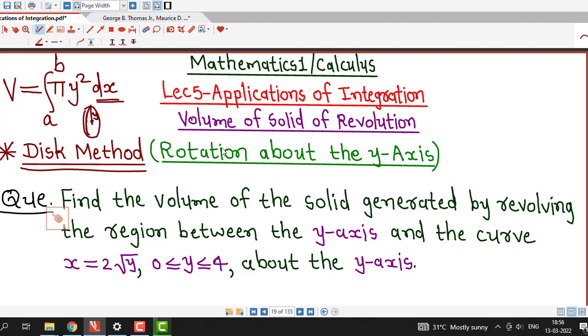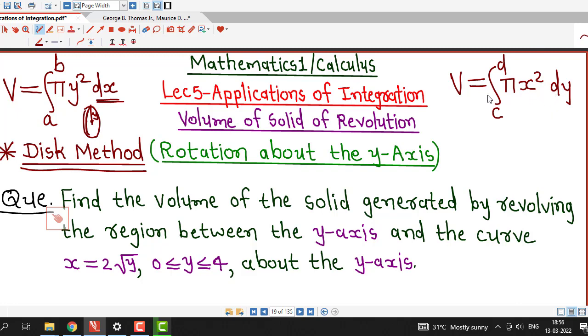Now suppose we are considering rotation about the y-axis. Then in this formula we will replace x by y and y by x. So we have this type of formula: pi x square dy, with limits of y, which we will find out in the problem.